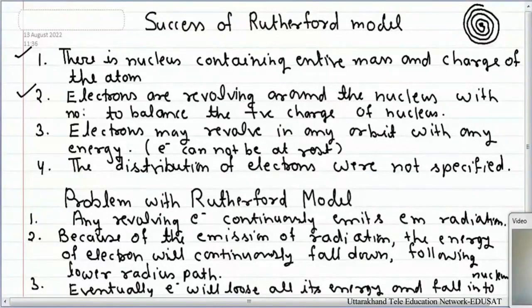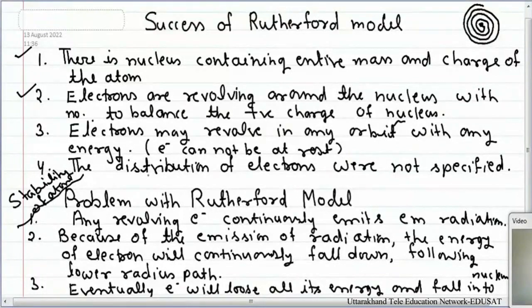So this could be explained successfully by the Rutherford model, but the stability criteria could not be explained. There is a problem with the stability of the atom. The stability of the atom could not be explained by the Rutherford model.